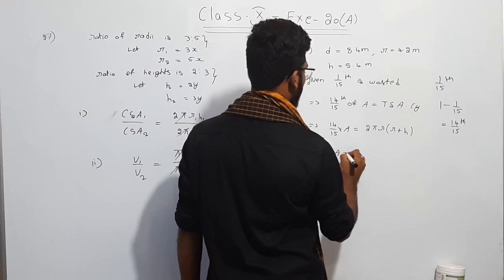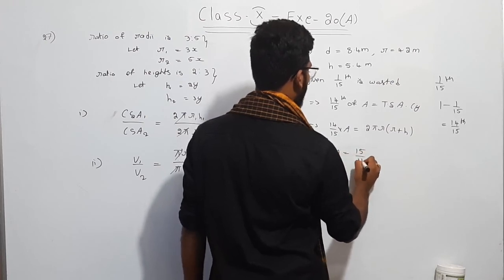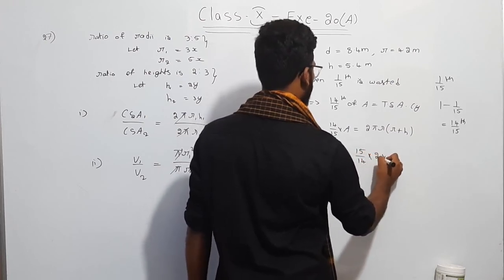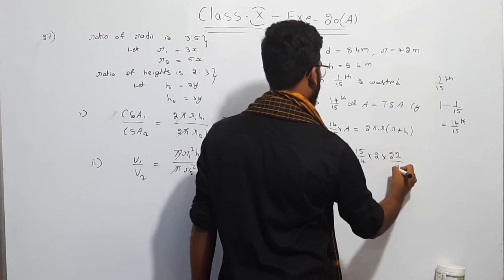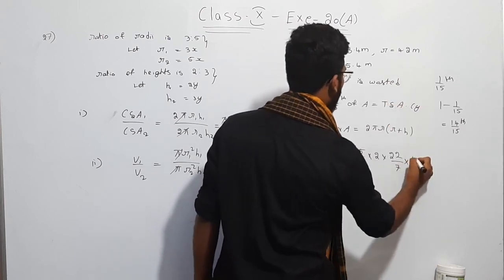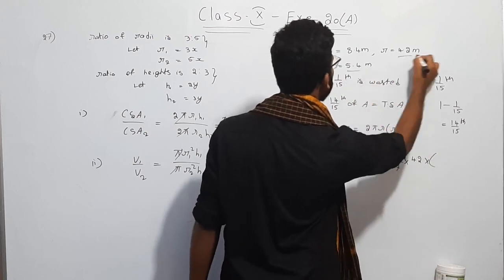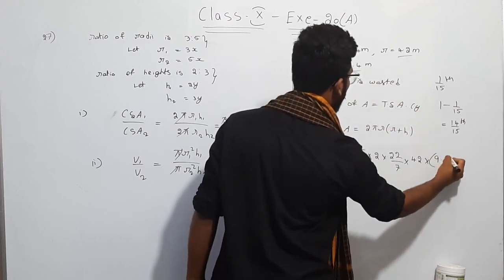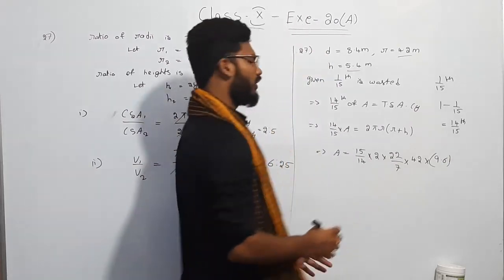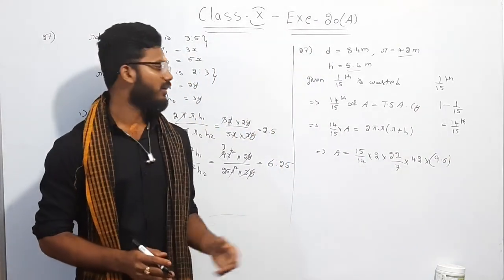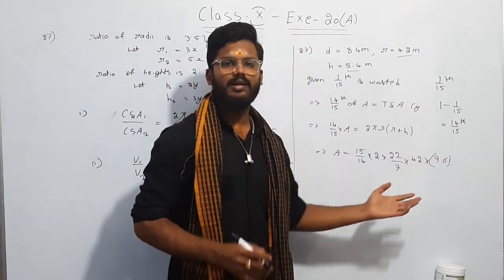So if you find A, it is equal to 15 by 14 into 2 into 22 by 7 into r is 4.2 into 5.4 plus 4.2, it is 9.6. If you find this, you will get the area of the metal sheet.